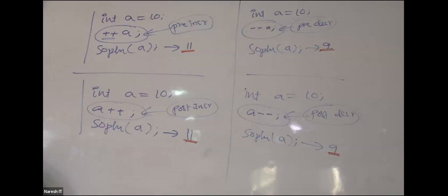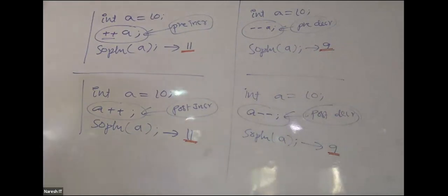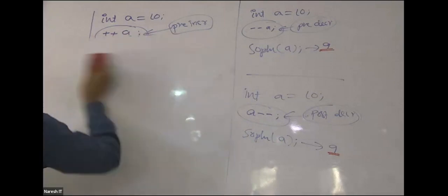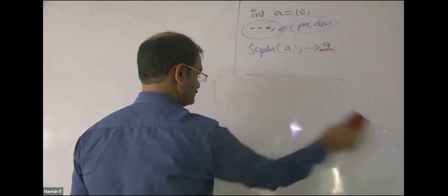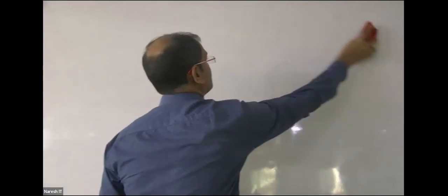What is the difference between pre-increment and post-increment operators, when they give the same result?